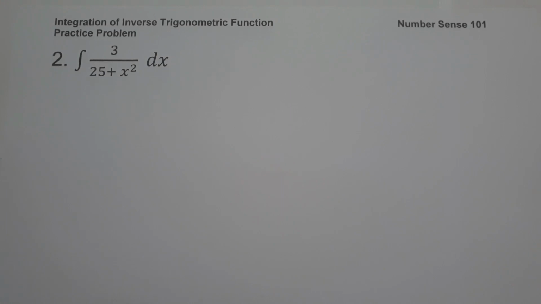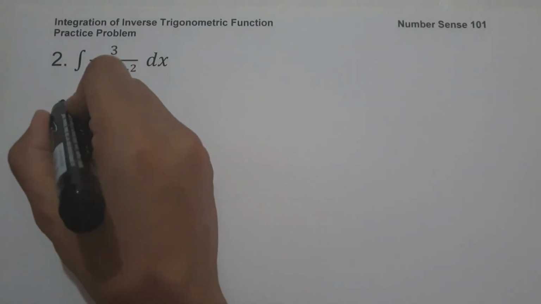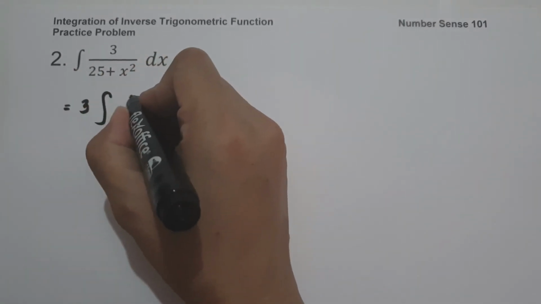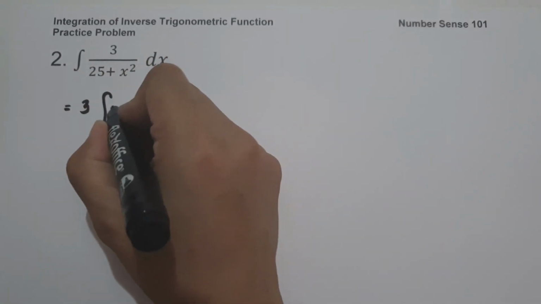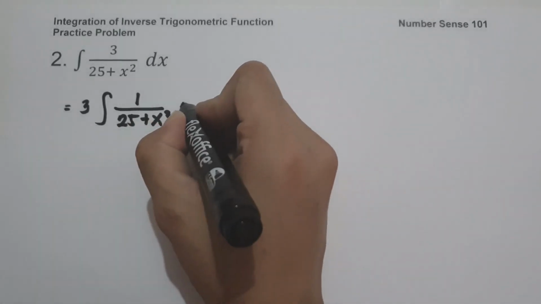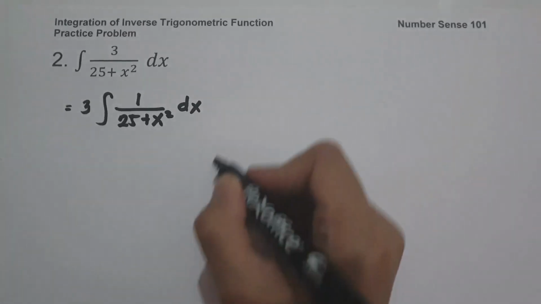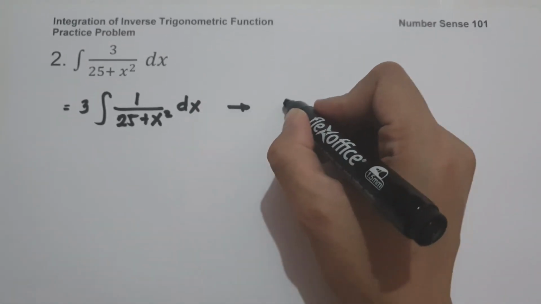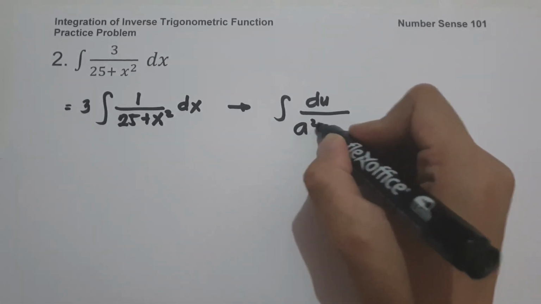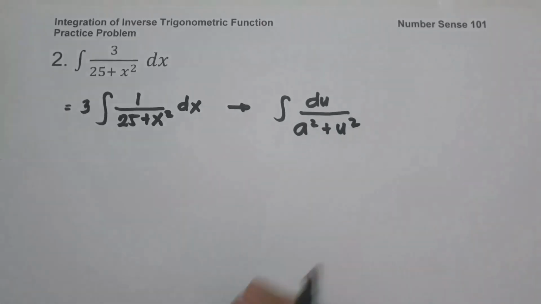On example number 2, what is the antiderivative of 3 over 25 plus x squared dx? To simplify the given expression, let us rewrite this as 3 times the antiderivative of 1 over 25 plus x squared dx. And this is written in the form of the antiderivative of du over a squared plus u squared.